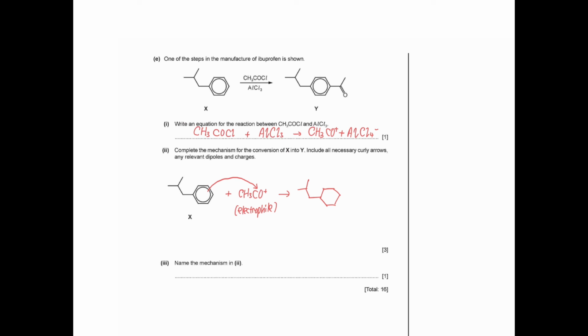Initially there are 6 pi electrons in the benzene ring. When they form a new covalent bond with the electrophile, 2 of the 6 pi electrons are taken to form the covalent bond, and because of that, the benzene ring is temporarily positively charged.